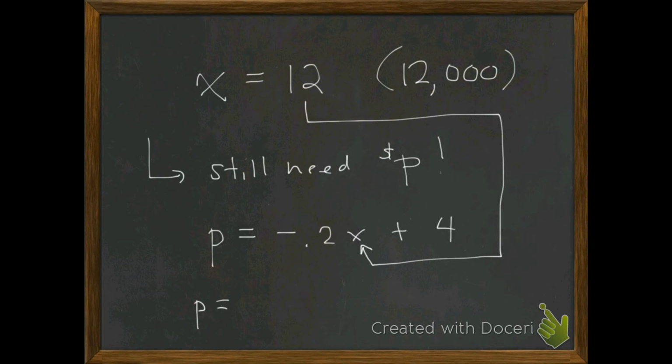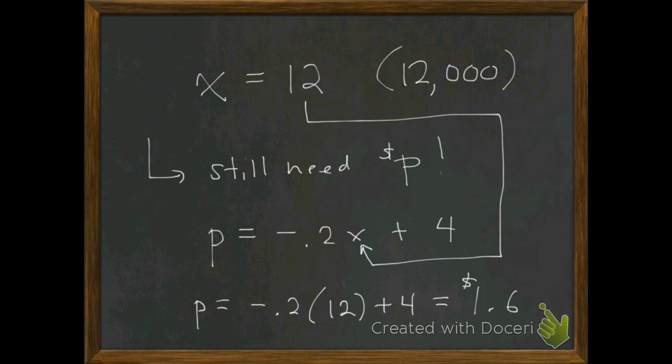Because remember, the price is going to be the same. So it doesn't matter which one we choose because we're finding the price where the supply and the demand are the same. Alright gang, so we got negative 0.2 times 12. And then add 4 to that, and we get 1.6.